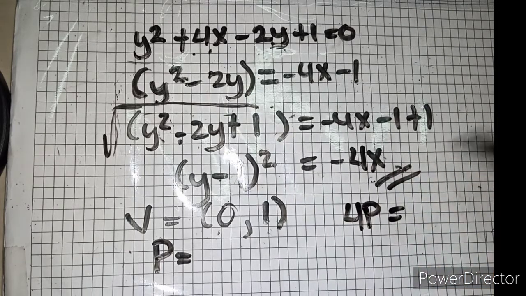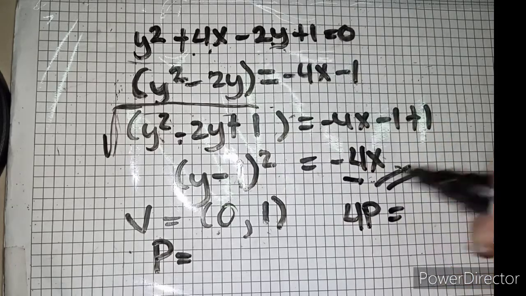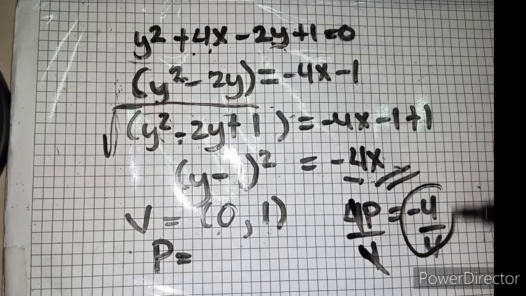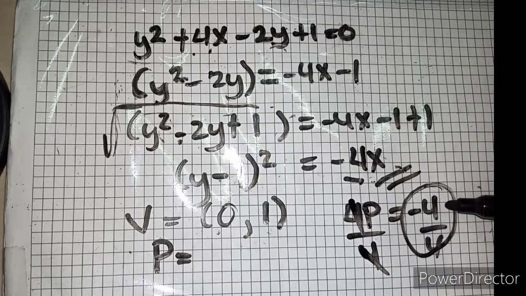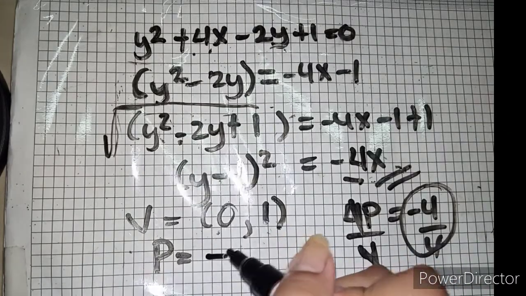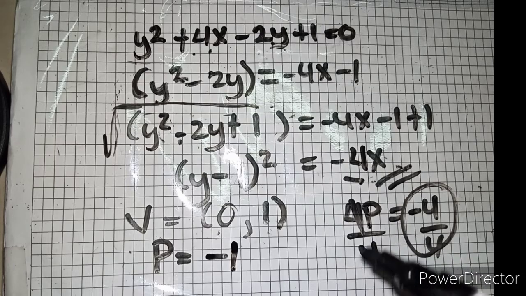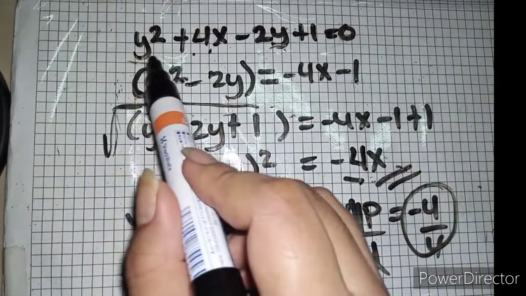Okay? Ang 4p natin ay eto, sa negative 4. So, divide both sides by 4 kasi kailangan natin ay p lang. So, makakancel. Then, simplify natin to. Negative 4 divided by 4 is equal to negative 1.